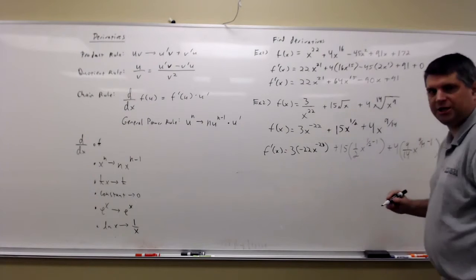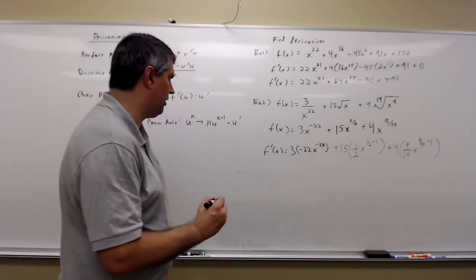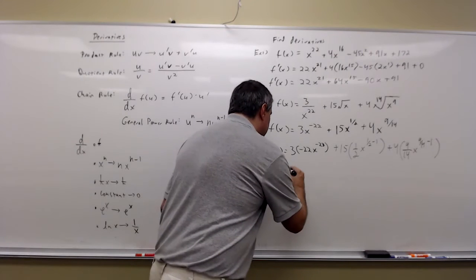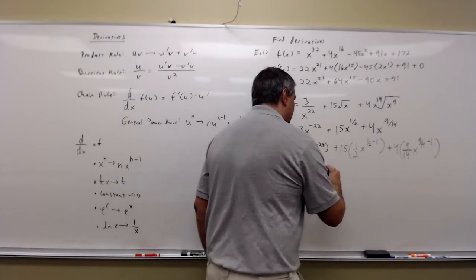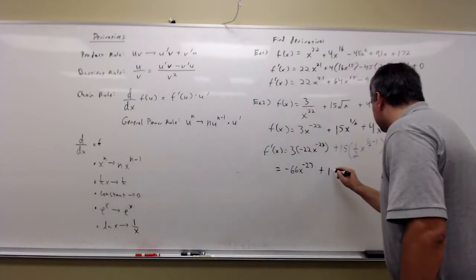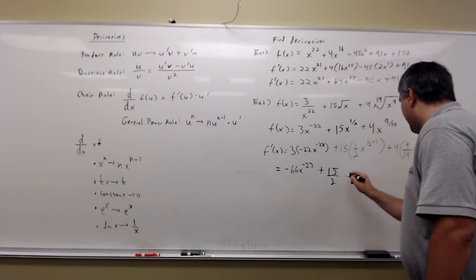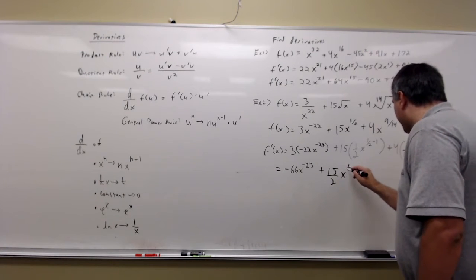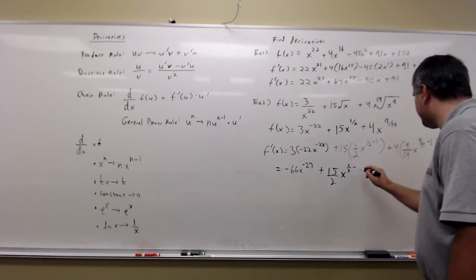Okay, now most of your calculators could do the legwork for you, but I'll go ahead and do it longhand. So this would be negative 66x to the negative 23rd. This would be 15 halves. You'll do 15 over 2. And then x to the 1/2 minus, well, I want 1, so the denominator is 2, so I do 2 halves.